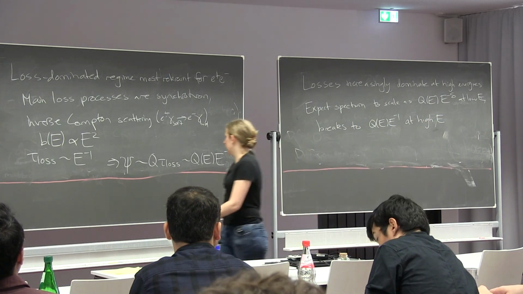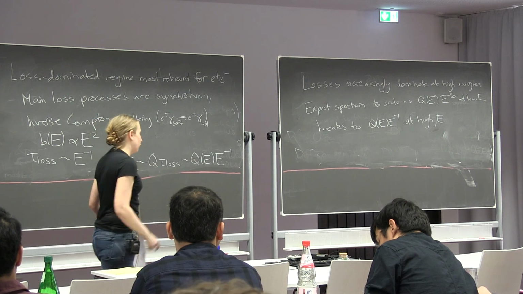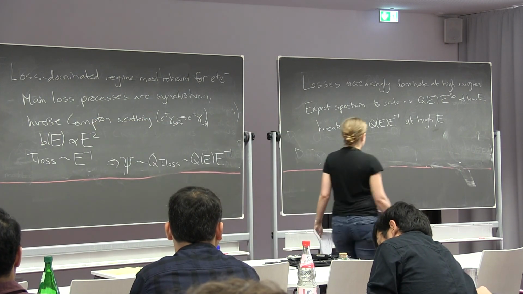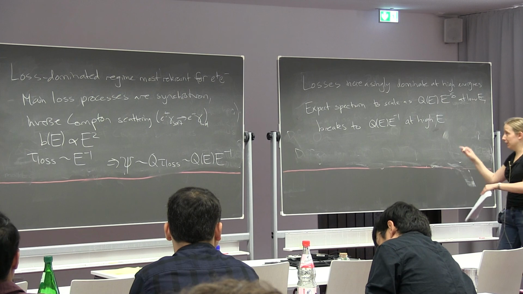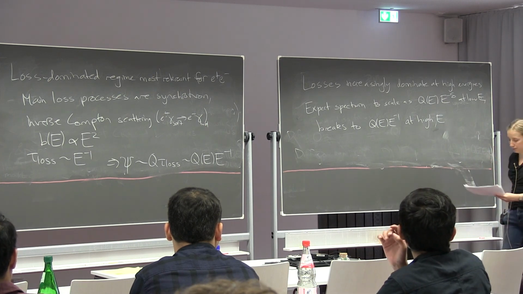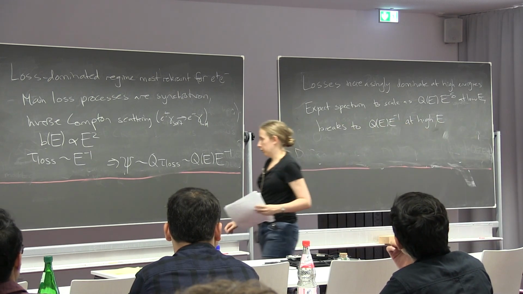So if we have a roughly power law-like injection spectrum, then the expected behavior is that the output cosmic ray spectrum looks like a broken power law.